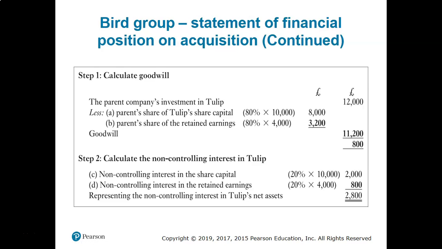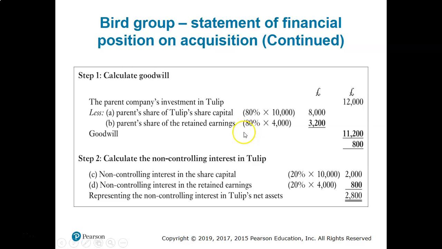As I mentioned in the previous slide, this is how the goodwill is calculated. The parent company's share in Tulip is 80%, in the retained earnings 80%. So this 11,200, you paid 12,000, so 800 is extra that you paid for the goodwill of the company. And non-controlling interest is how much? As we mentioned before, 20%, right?